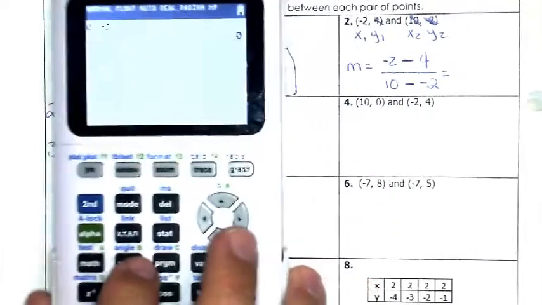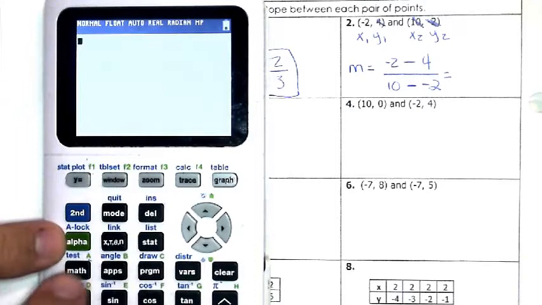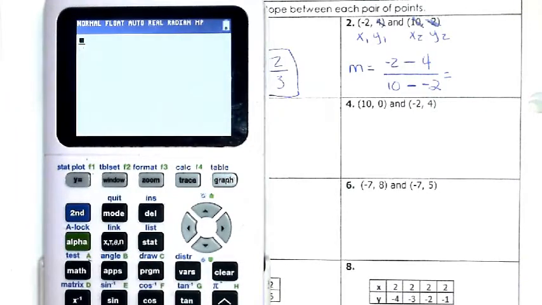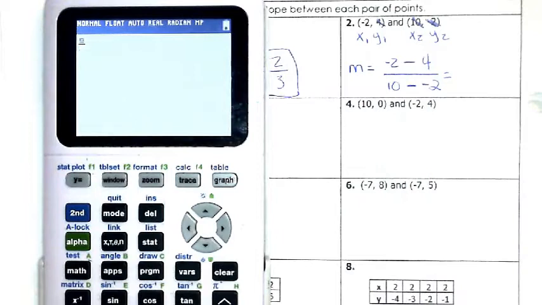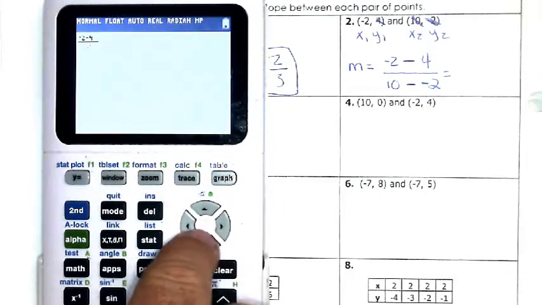Watch what I do. Everyone hit alpha x. Alpha x. Do you get a fraction bar? Yes. I'm going to put this in the numerator. -2 minus 4. I'm going to scroll down to the denominator. And I'm going to put 10 minus -2.